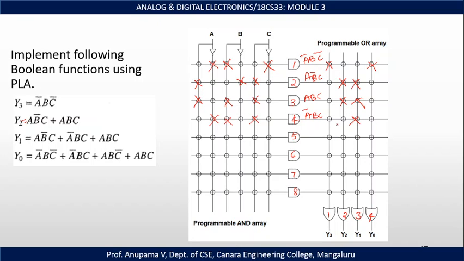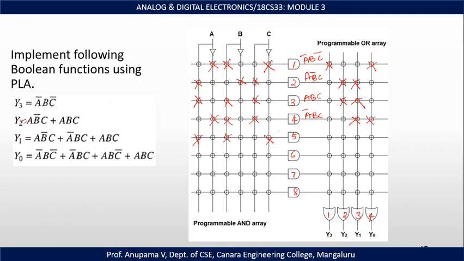The next term is a bar bc. a bar bc is implemented using AND gate 4. So the output of AND gate 4 is also the input for OR gate 4. The next term is A, B, C bar. We have not implemented A, B, C bar. So draw an X mark against A, B and C bar.